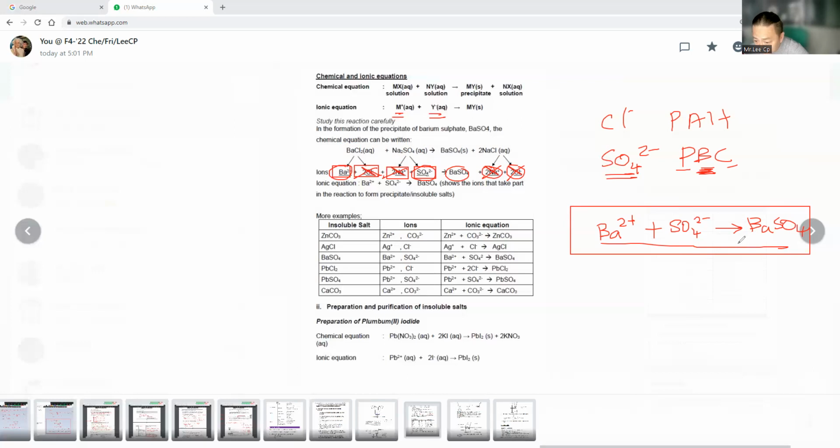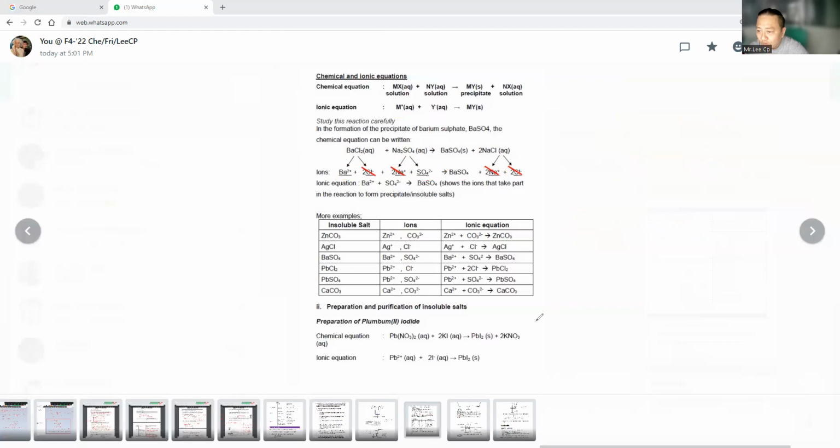Can you understand this? All right. Okay, so we are going to see more insoluble salts. For example, we take a look at this one.